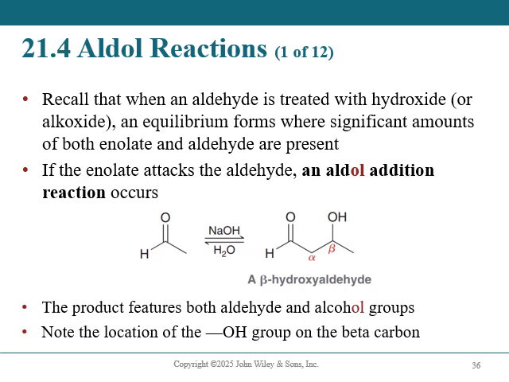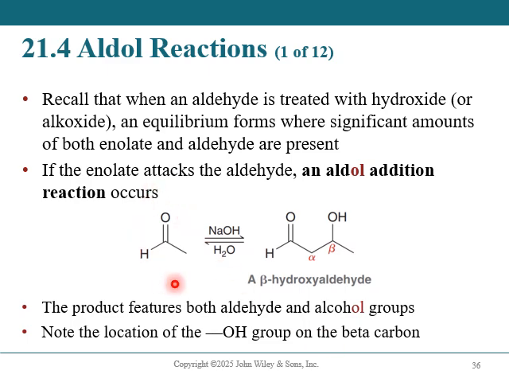Now let's talk a little bit about aldol reactions. Let's think back and recall that when an aldehyde is treated with hydroxide or an alkoxide, an equilibrium forms where significant amounts of both enolate and aldehyde are present. If the enolate attacks the aldehyde, then an aldol addition reaction occurs.